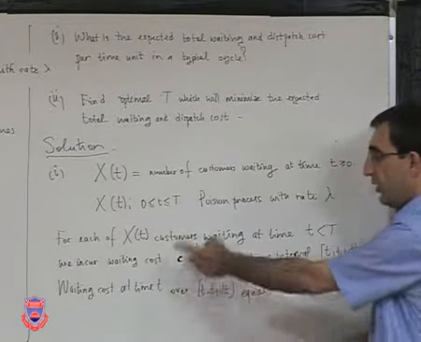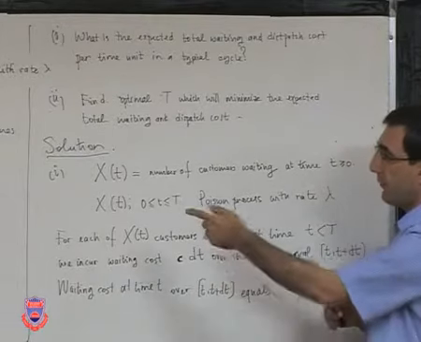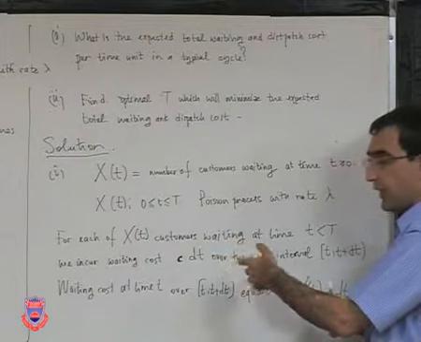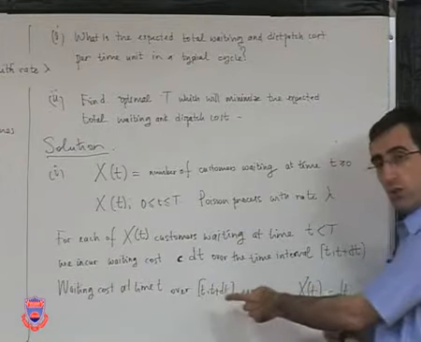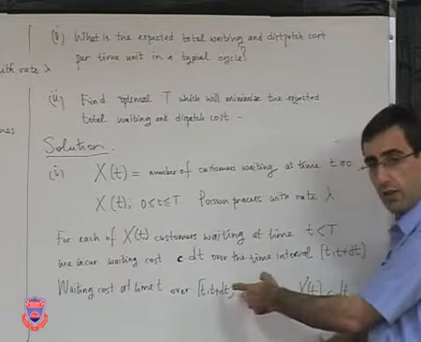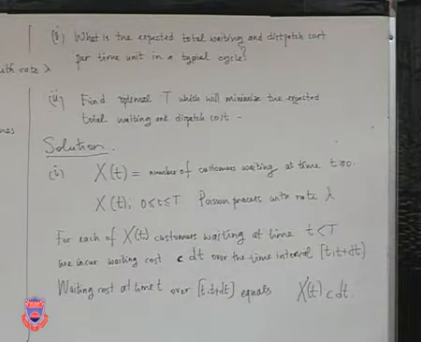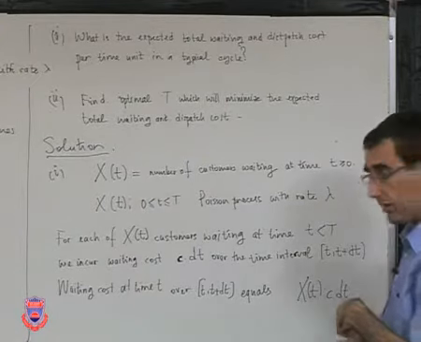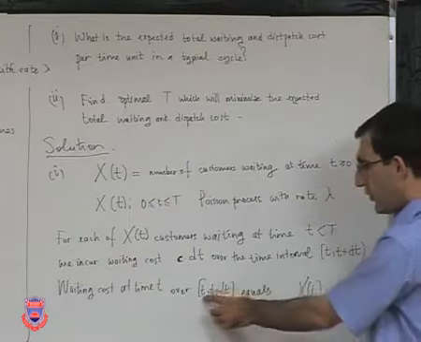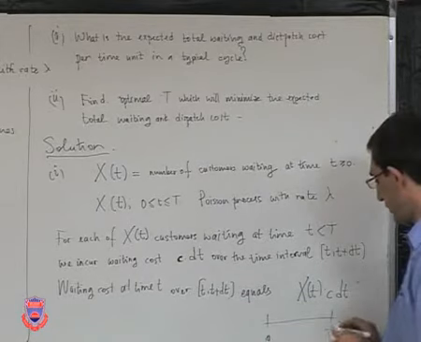We have to calculate total waiting cost over the entire cycle, and a cycle consists of such small intervals from 0 to t. The way we do that is to take the integral of this quantity. This is the cost over one small interval dt, and I have many of them from 0 to t.